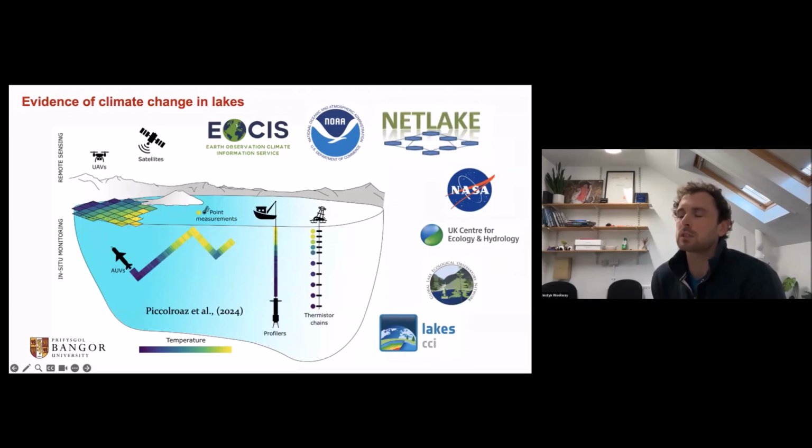So most of our work in recent years comes from analyzing satellite data, so thermal images taken from space, as well as other types of images which tell us something about how lakes are warming, how the quantity of water is varying, and how the water quality is changing in response to climatic shifts.